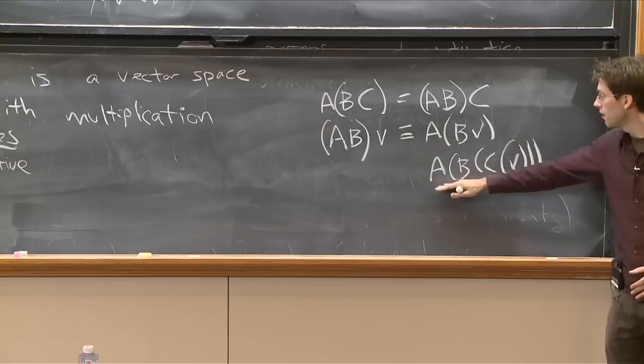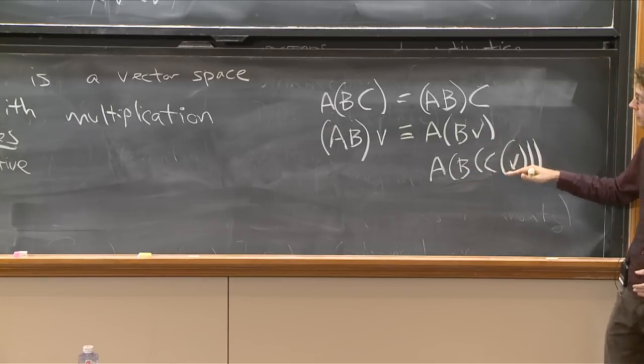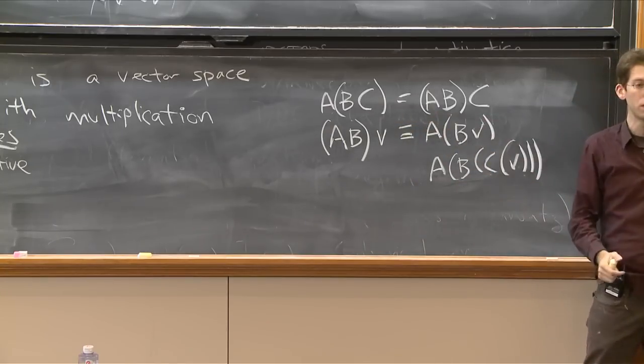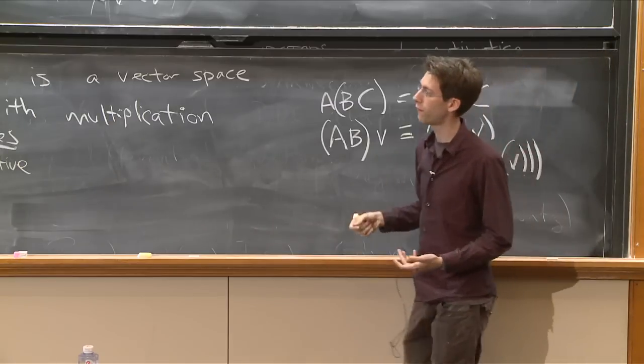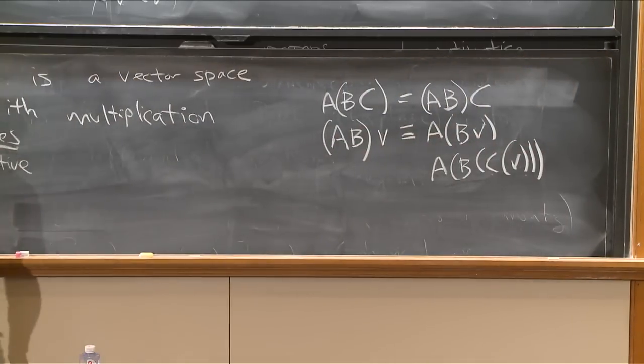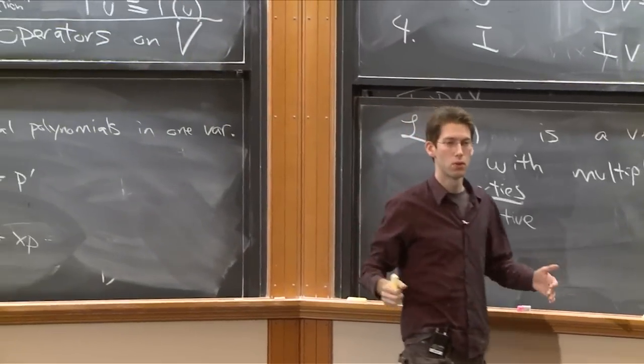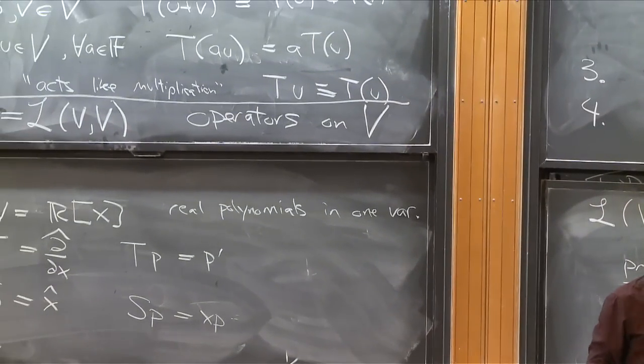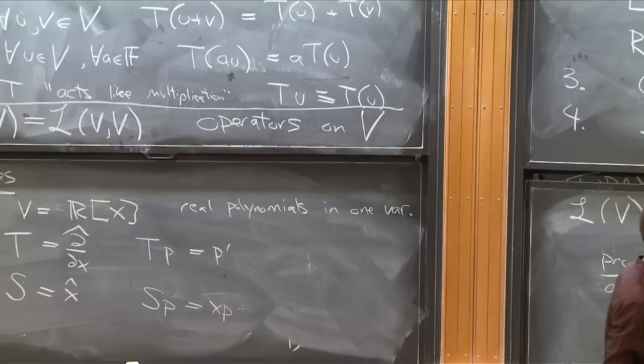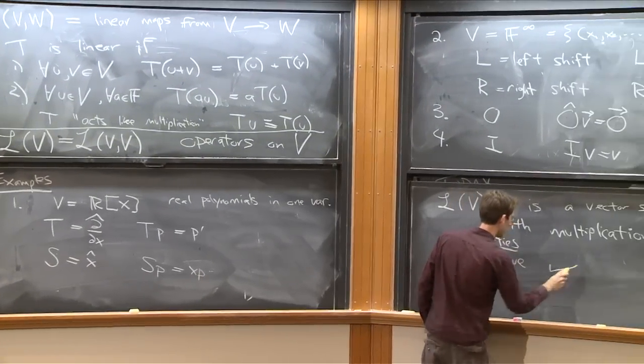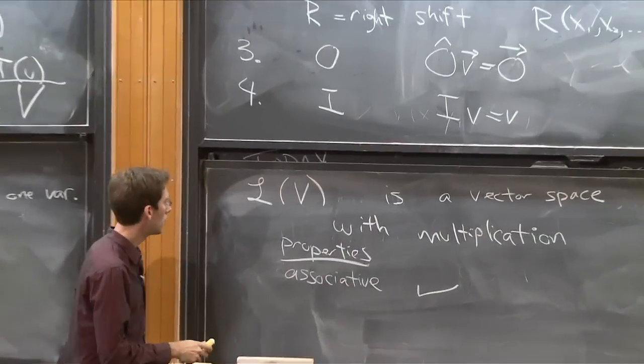The fact that this is the same no matter how A, B, and C are grouped is again part of what lets us justify this right here, where we just don't use parentheses when we have operators acting. OK, so yes, we have the associative property.